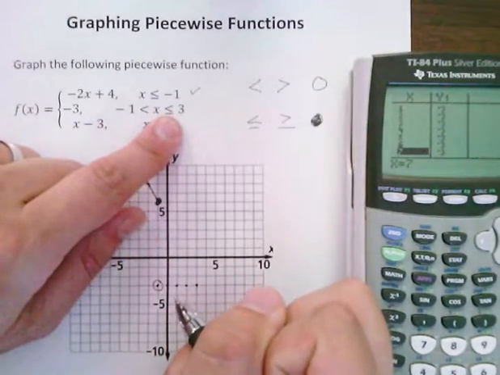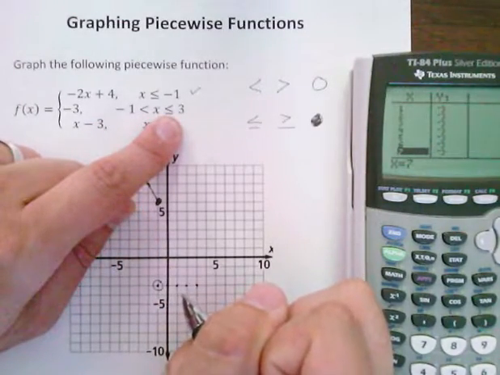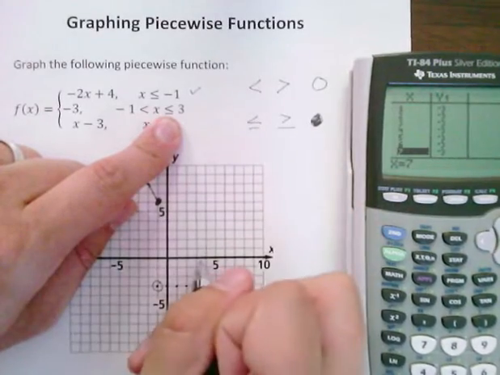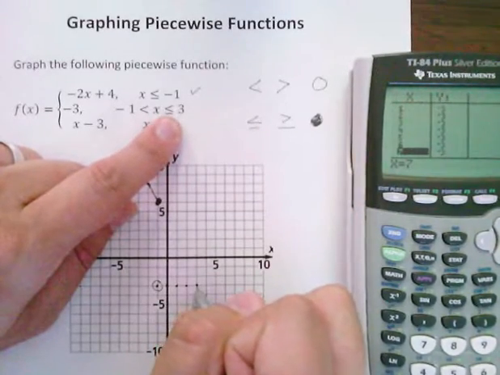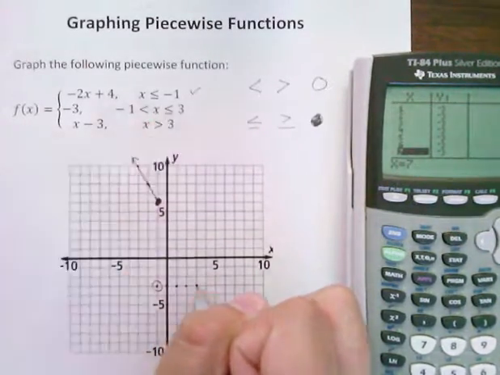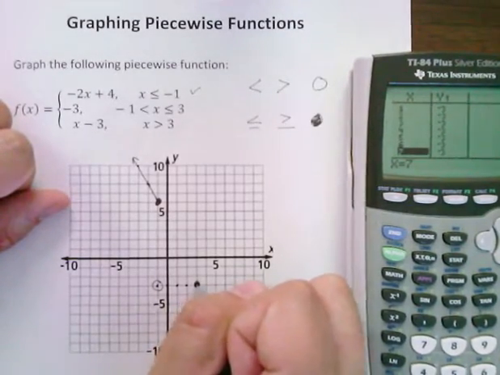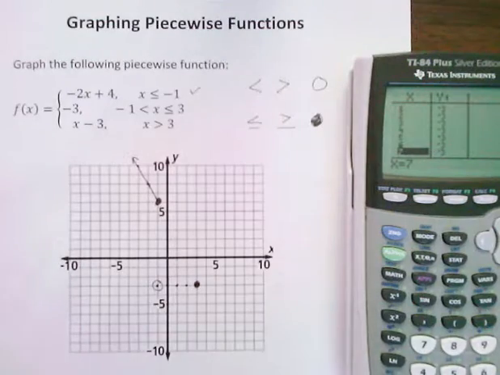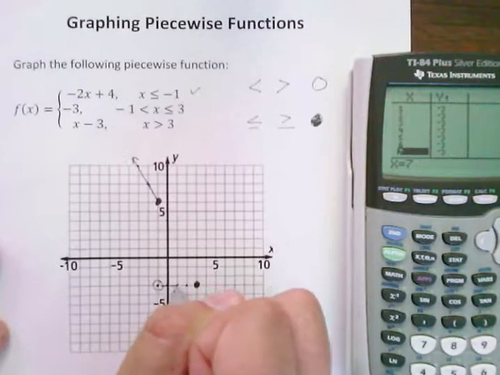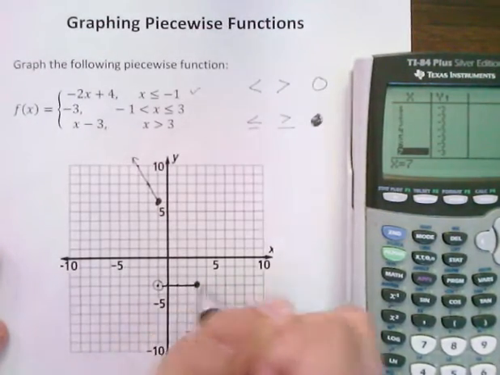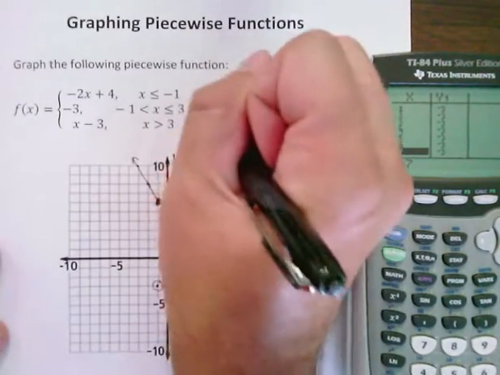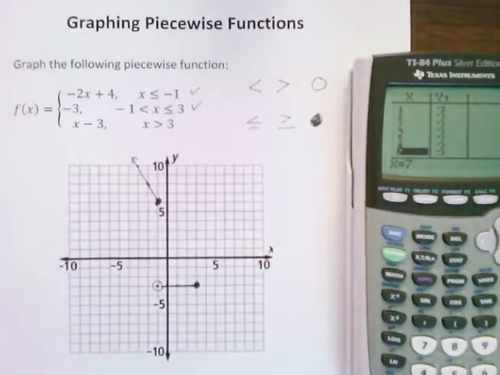On the other end, I have a 3 here, which means when x is 3, we're at -3. This point, and because of the inequality, I need a filled-in circle. The only thing left to do is just connect the dots. So in between, you're going to go through and connect the dots there. And that is my second piece that I have graphed.